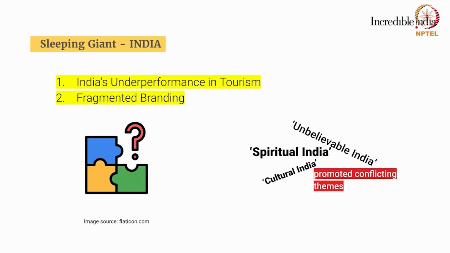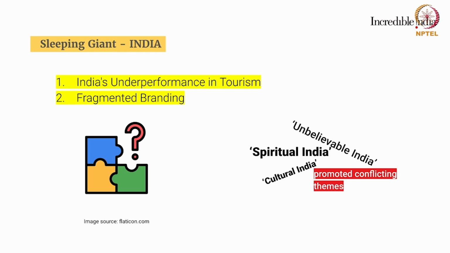The next point is fragmented branding, and this is very important. Although India was trying to project itself as a tourist destination, it was unable to attract many tourists, especially foreign tourists, all over the globe. India lacked a unified tourism message or positioning.